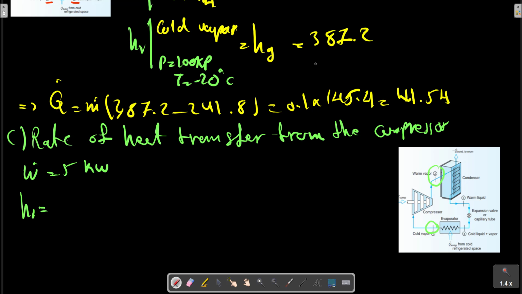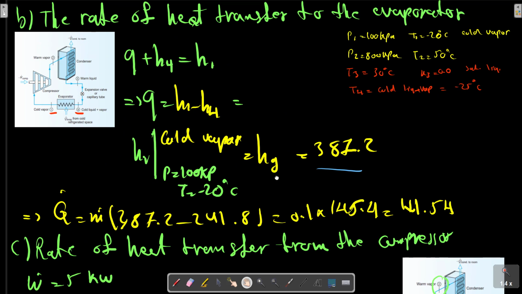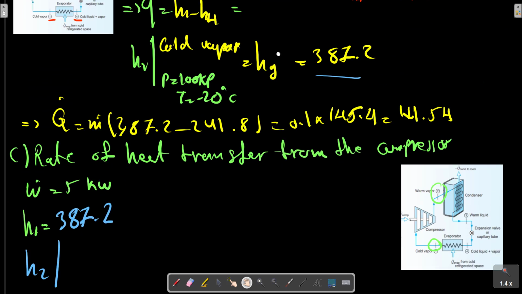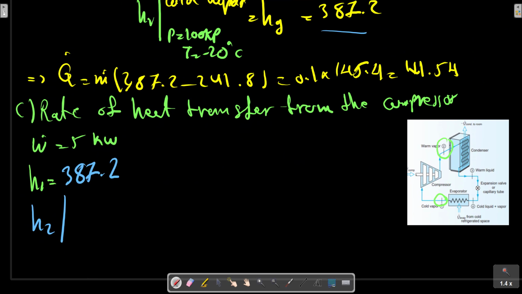This quantity is called vapor, and H2 is at the information P equals to, vapor, and the temperature is 50 degrees centigrade.